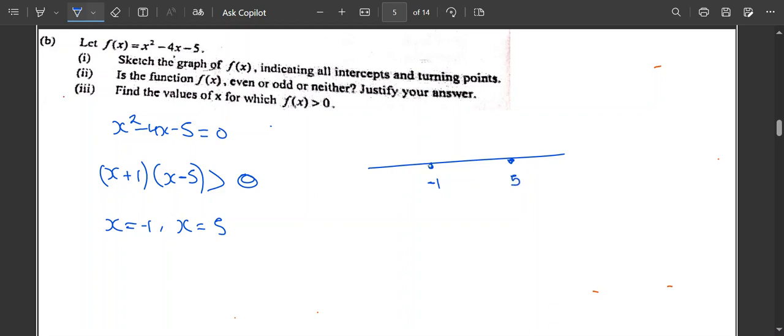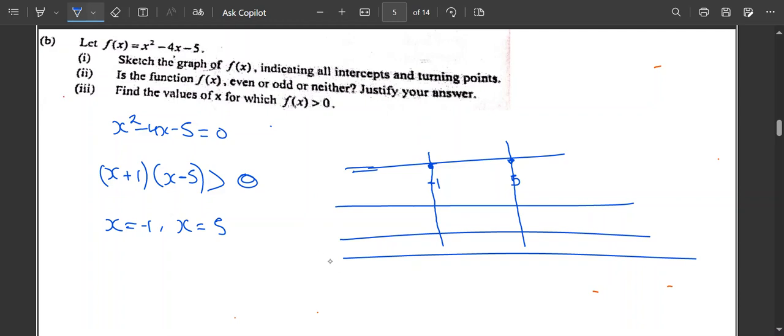I'll write the boundary there, and I'll write x minus 5, then x plus 1 there.